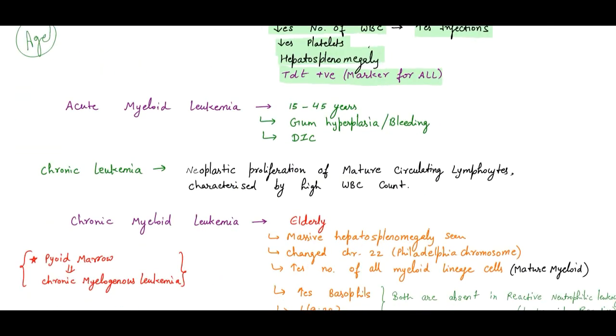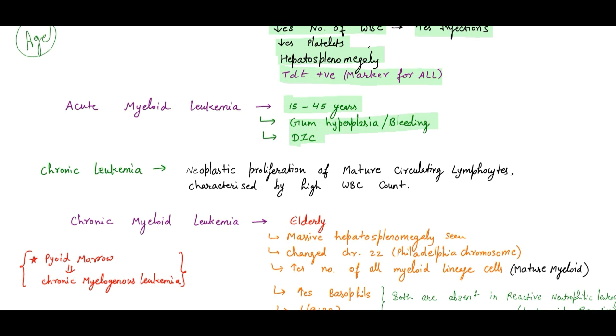Next is acute myeloid leukemia. It is most common in 15 to 45 years, with gum hyperplasia, bleeding and disseminated intravascular coagulation (DIC), which lead to acute myeloid leukemia.